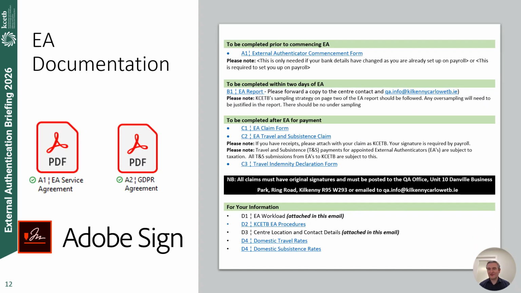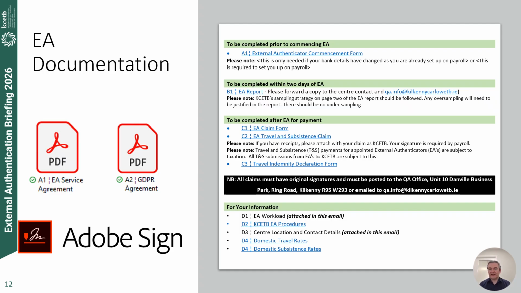So as you can see, there are plenty of documents in the EA pack that gets emailed out to you. Firstly, there's 2 Adobe files for signature. They're sent to you as one document where you'll sign the service agreement for the EA that you're booked for, and then the GDPR agreement around the sharing of information. Then we have our A1, our external authentication commencement form.